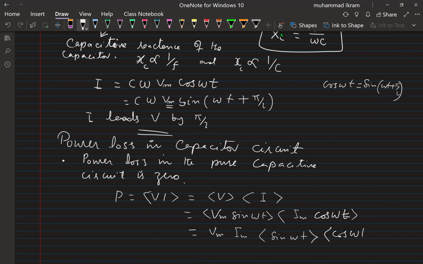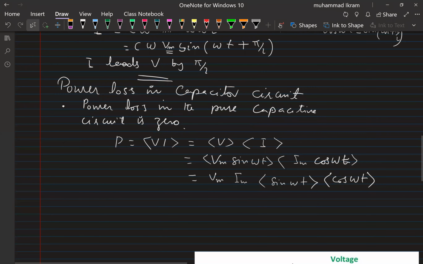The average value of this is equal to 0.